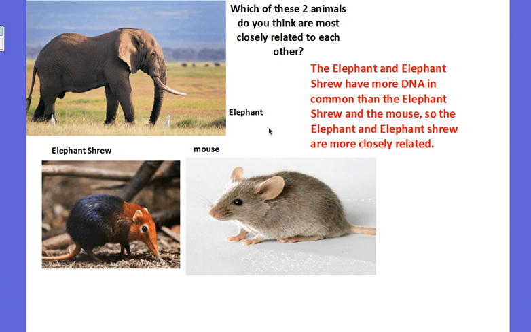But when scientists looked at the DNA, they found that the elephant and the elephant shrew actually have more DNA in common with each other than the elephant shrew and the mouse. So the elephant shrew and the elephant, they're not super closely related. I mean, they're not like cousins or anything. But in evolutionary history, these two, the elephant shrew and the elephant, are more closely related to each other than the elephant shrew and the mouse. So you can't always tell just by looking how closely related something is.